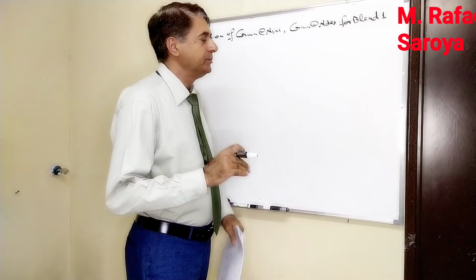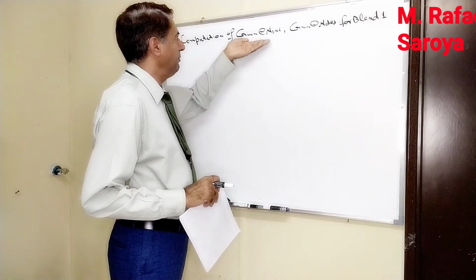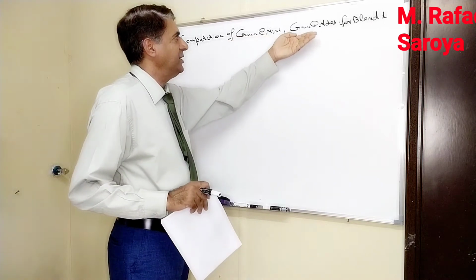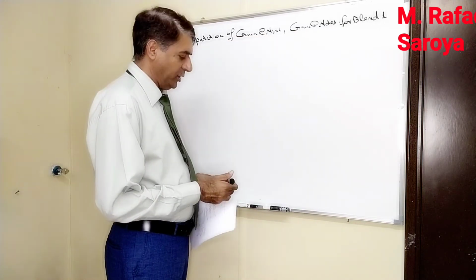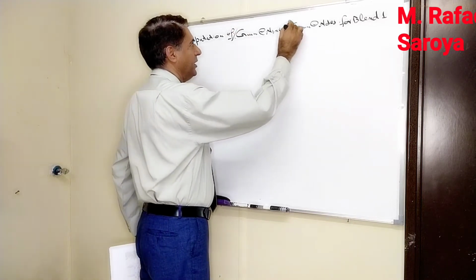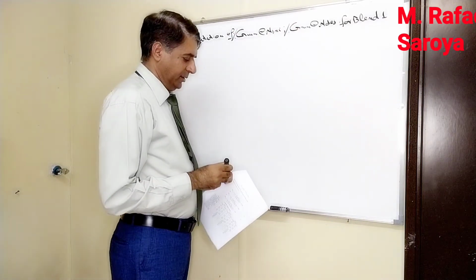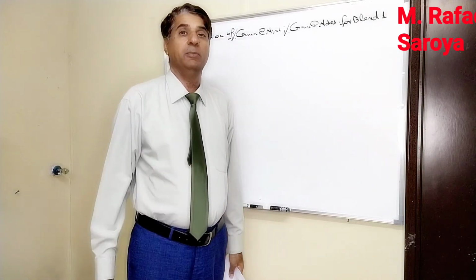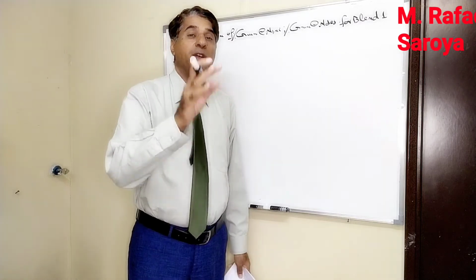In my previous video, I gave you the equations for %Gmm at N initial and %Gmm at N design, actually as a percentage. Let me put the percentage sign over here. Now, whatever data we have taken from the gyratory specimen, we will tabulate it.